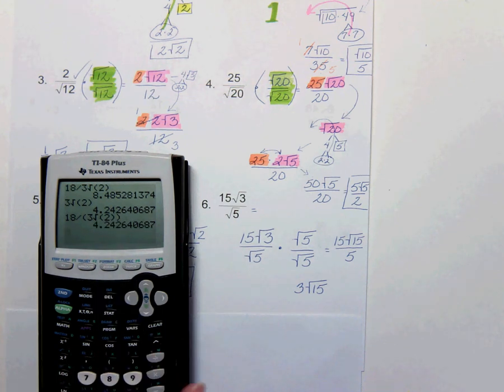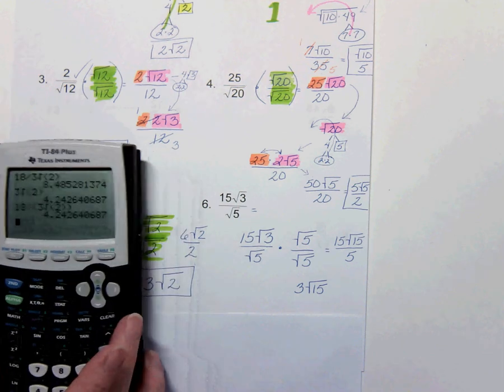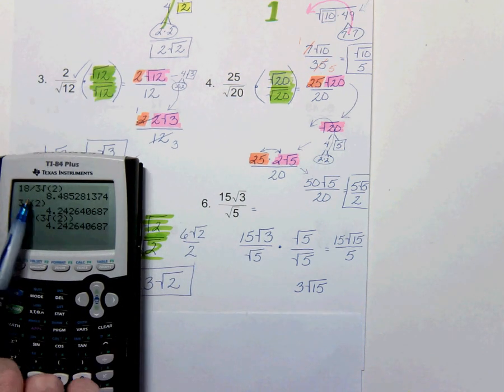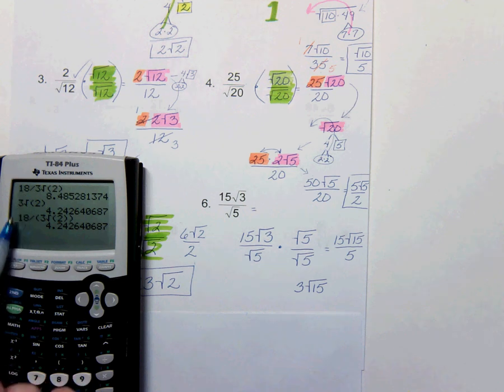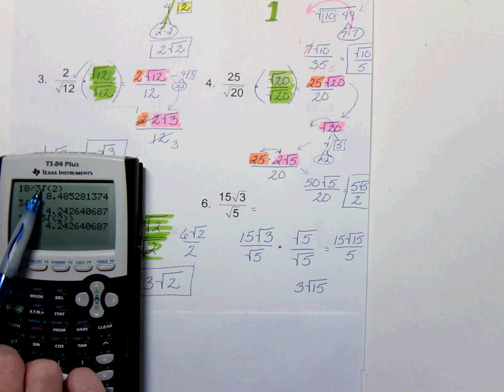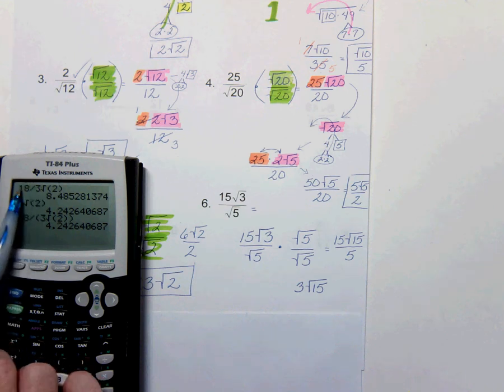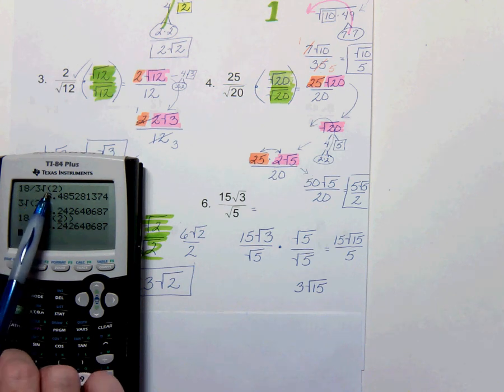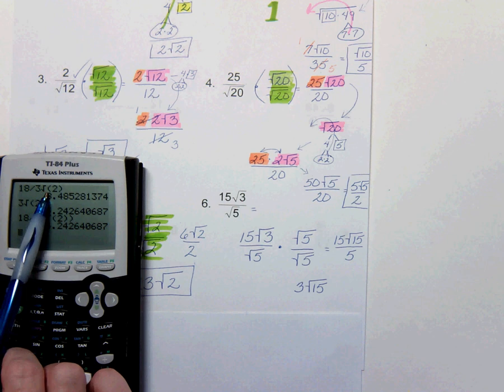This is actually good to have shown because notice the difference. This really is the same thing, but you can't say 18 divided by 3 because it's going to do that operation first. Order of operations will divide 18 by 3, and then it will multiply by the square root of 2.